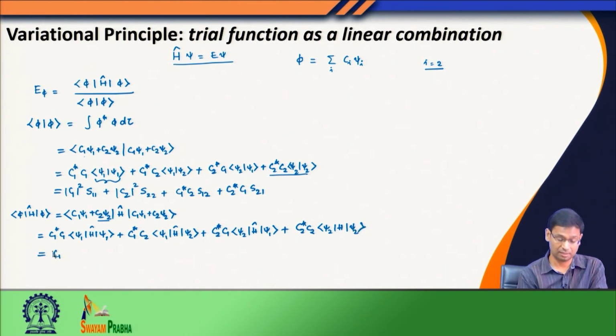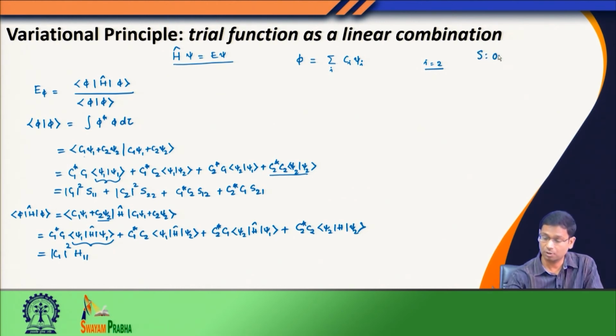Now, if I simplify this, we know that when I express this integral like this, I can say that this is the matrix element of this Hamiltonian operator corresponding to the psi 1 and psi 1 basis functions. So, I am calling this H 1 1. These are the energy integrals.